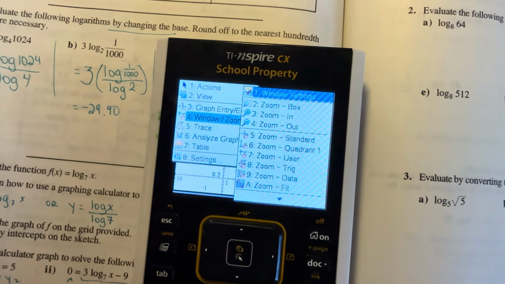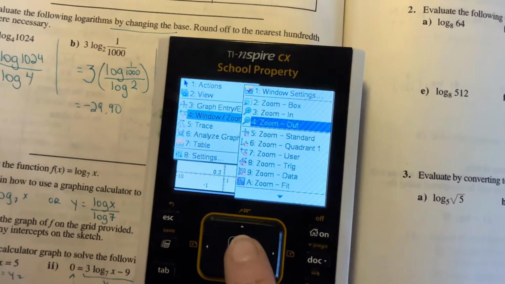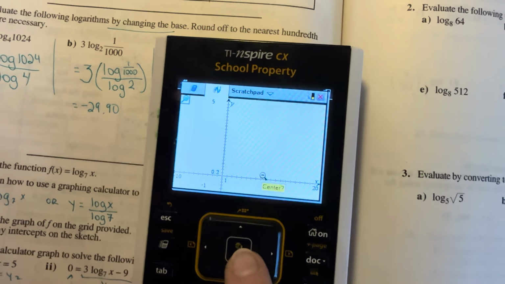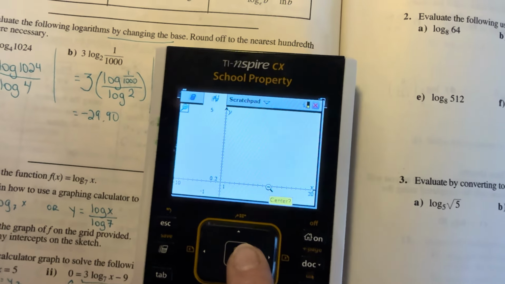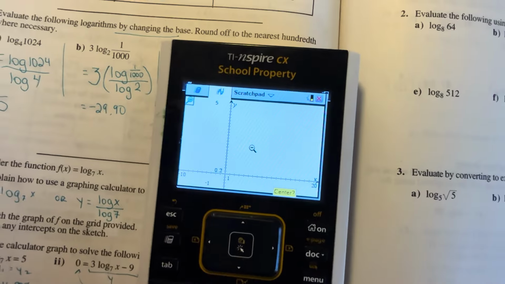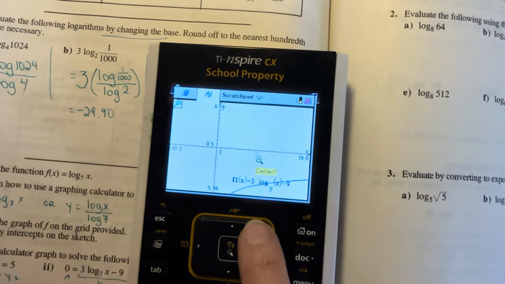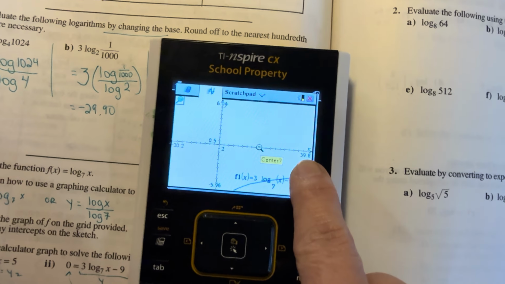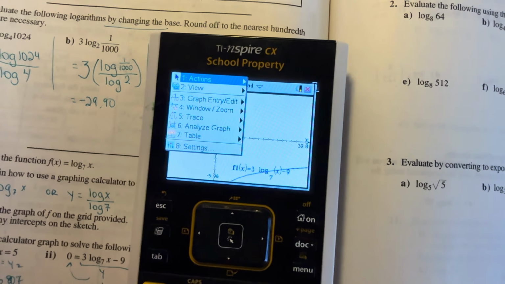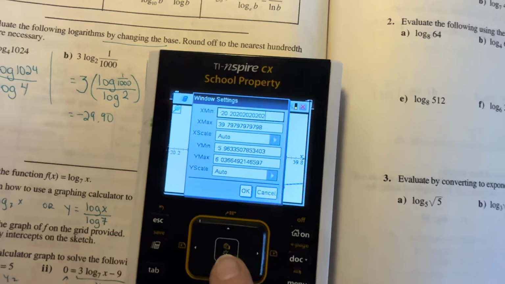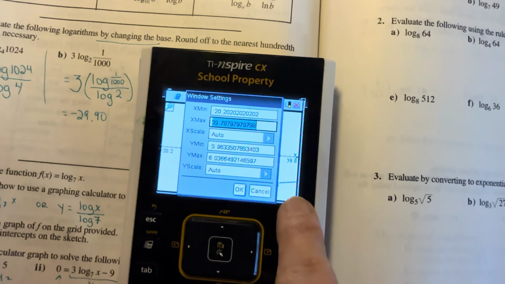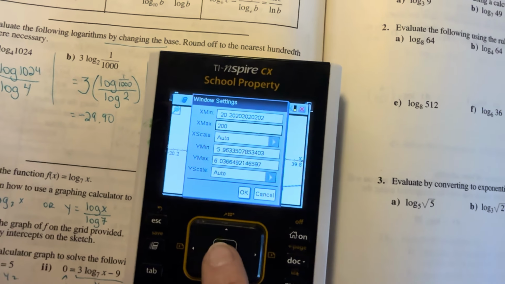Menu 4. Let's go zoom out. And then I'm going to go down here. Enter? Oh, there we go. Oh, okay, so I guess I just need a number bigger than that. Menu, so 4, and then window settings. So then my 40 was not big enough. I'm just going to go 200.